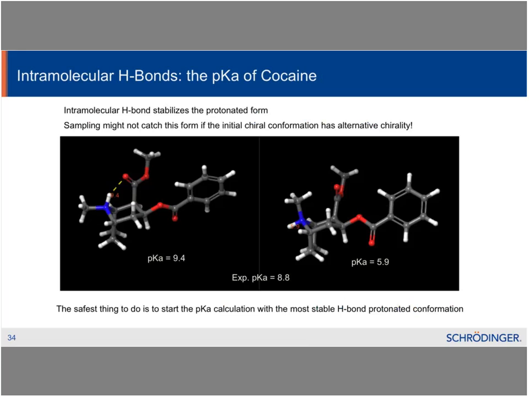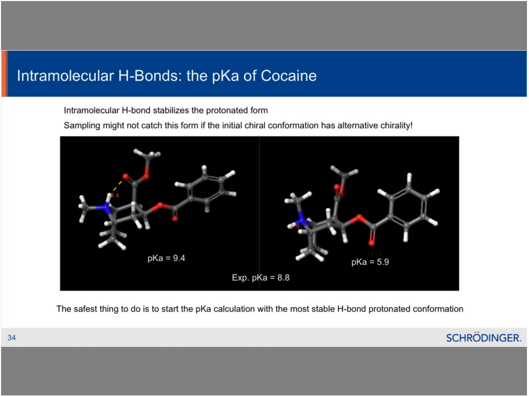Okay, now we're going to talk about this complicated molecule cocaine, which contains an intramolecular hydrogen bond, which stabilizes the protonated form. So notice what happens here. This is actually interesting.